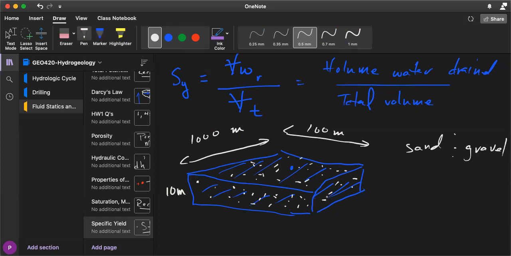If I were to completely drain it and there was no other source of water to it, I just totally drained this, how much water? Let's see. And I'm going to give you this. The residual water content is equal to 0.05.